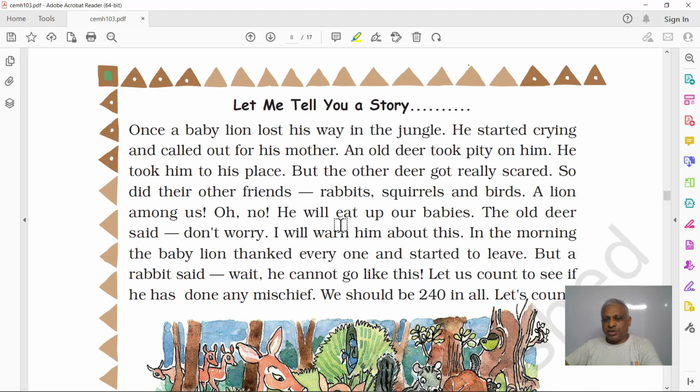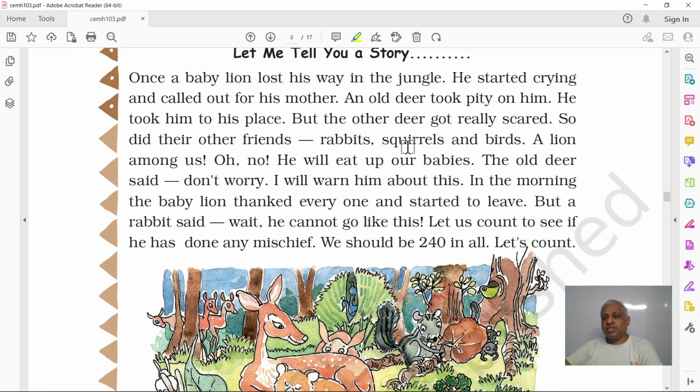This story is interesting. A baby lion has lost its home and is roaming here and there in the jungle. An old deer looked at that baby lion. The baby lion is trying to find its mother, but the mother is not nearby. So the deer took it to its place where all the other rabbits, squirrels, and birds are.